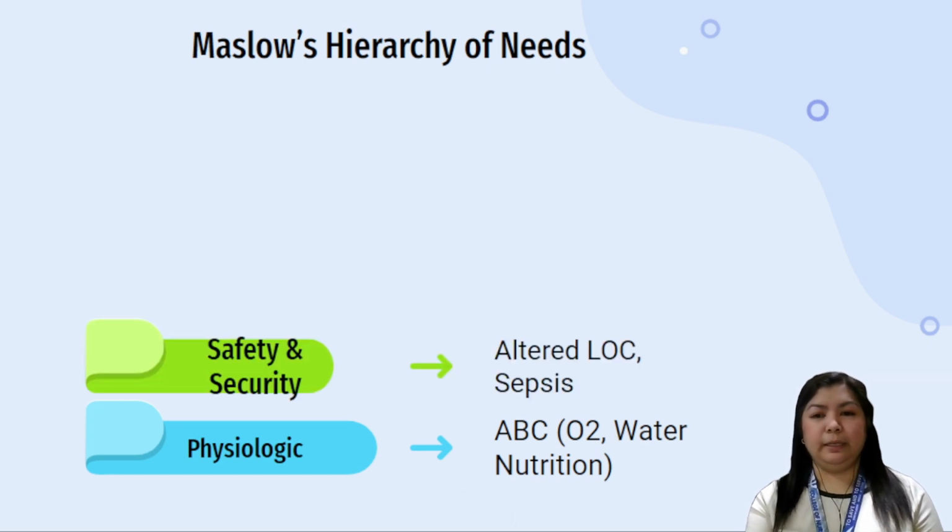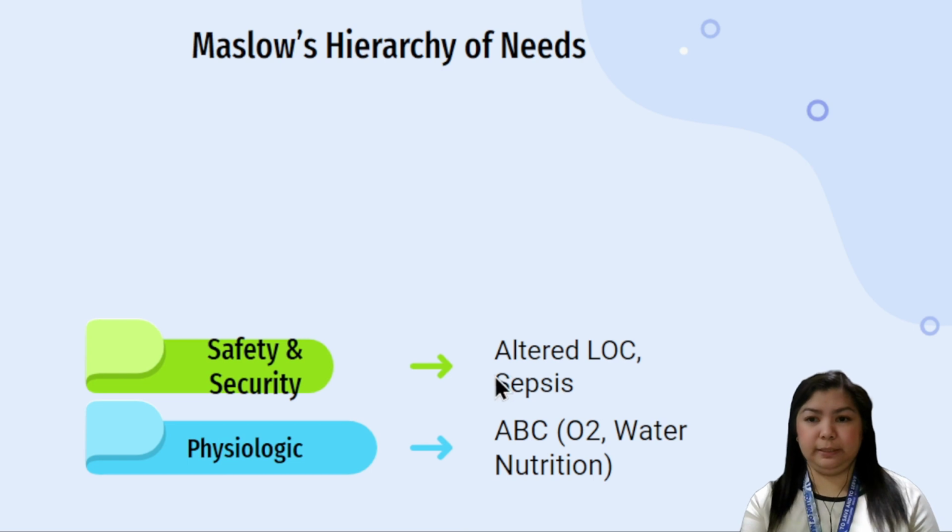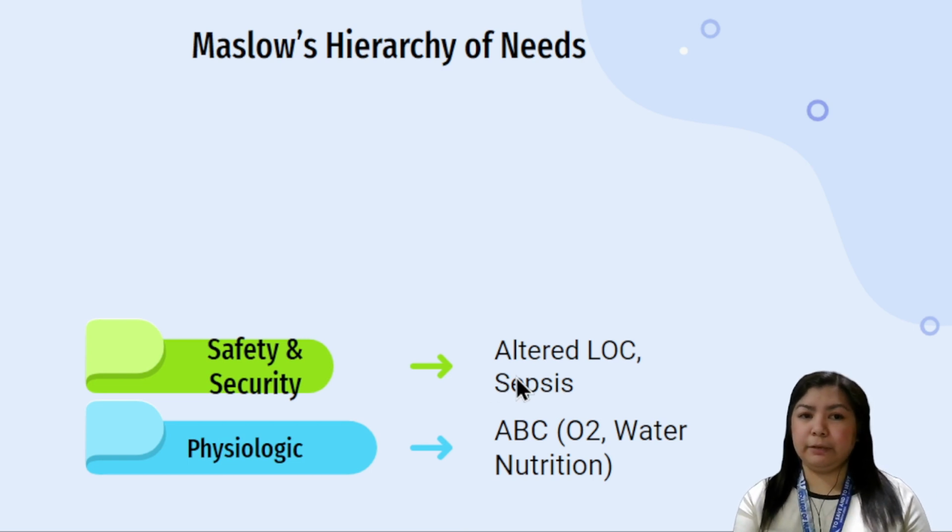Next, you have safety and security. For altered level of consciousness and sepsis or infection, think safety and security because altered level of consciousness and sepsis can lead to confusion, and of course, safety issues.